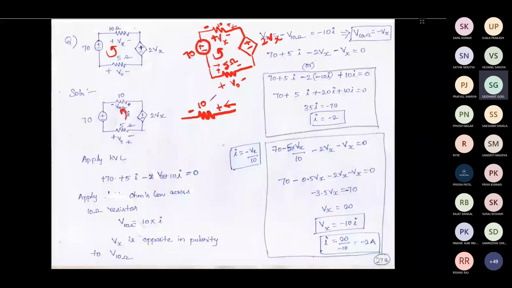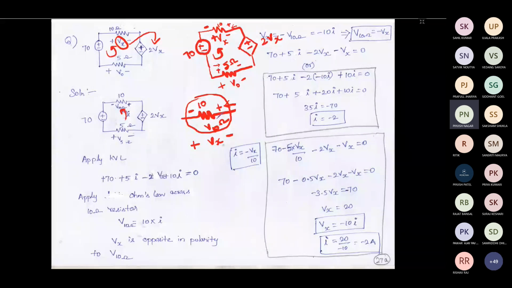Now, if I mention the voltage across this 10 ohm resistor, in this problem you need Vx. That Vx defines the voltage of this dependent voltage source, and its polarity is given in this fashion. So whatever voltage you get for this one, you have to write it in the reverse way.